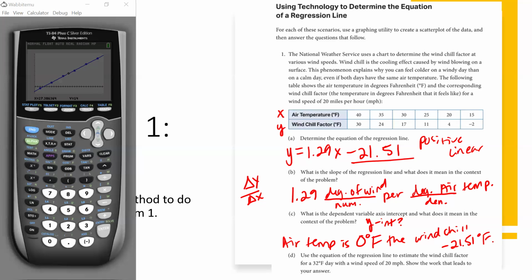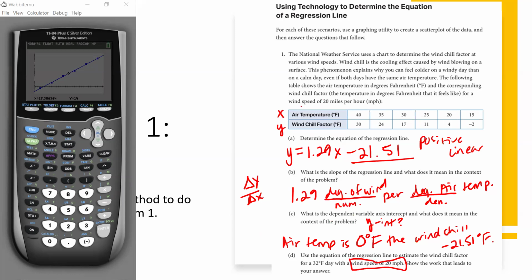All right, the last question I'm going to let you work, and this is going to be our starting point. It says, use the equation of the regression line to estimate the wind chill factor for a 32 degree Fahrenheit day with a wind speed of 20 miles per hour. I'm going to tell you right now, this is excess information. This number has no bearing.